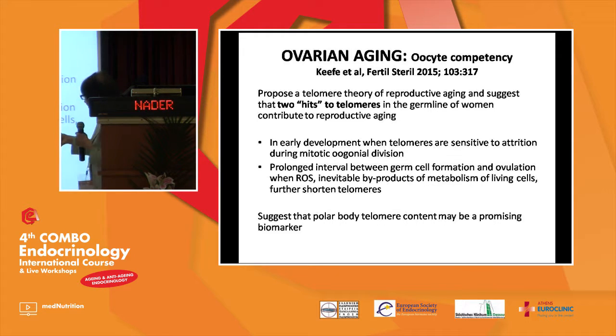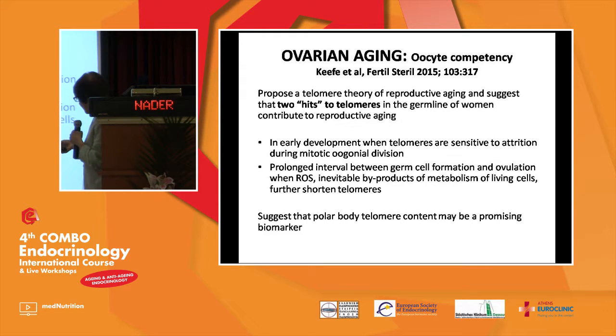And as I've just said, the prolonged interval between the germ cell formation and ovulation, when reactive oxygen species, inevitable byproducts of metabolism of living cells, further shorten the telomeres. And they very interestingly suggest that maybe we should be using the polar body biopsy as a biomarker to determine the health of that individual oocyte.